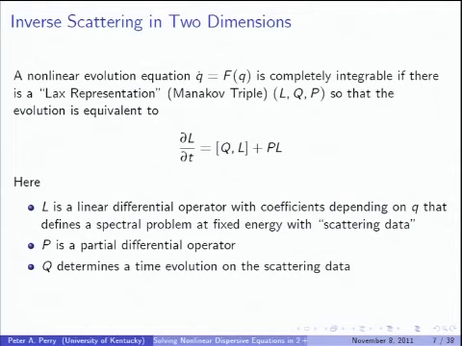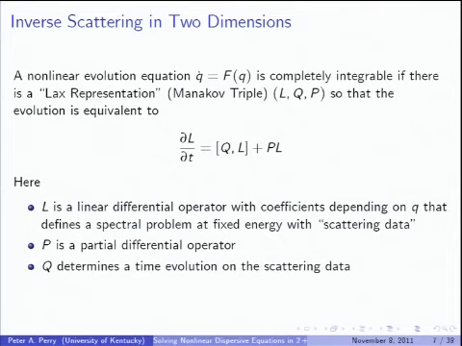And the evolution given by this nonlinear equation is supposed to be equivalent to this representation. Now what's important to remember about this setup is that L is a linear operator depending on q, which defines a spectral problem. It will be the spectral problem for L at 0 energy that determines the direct scattering transform. P is a partial differential operator.